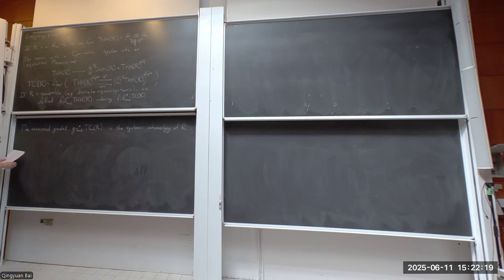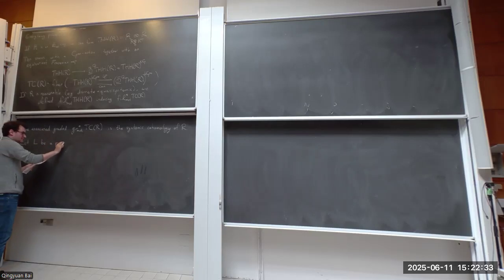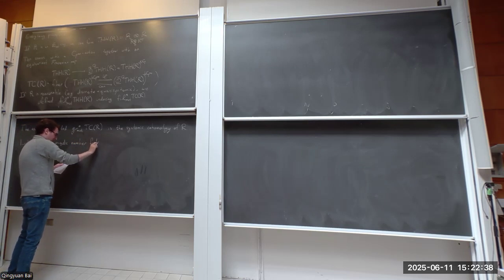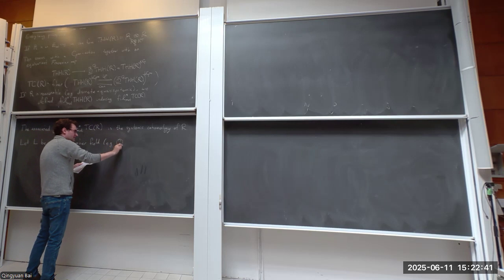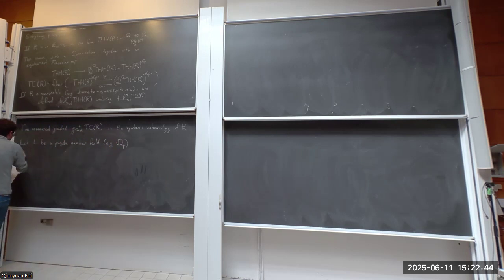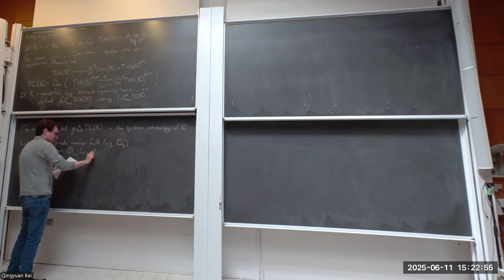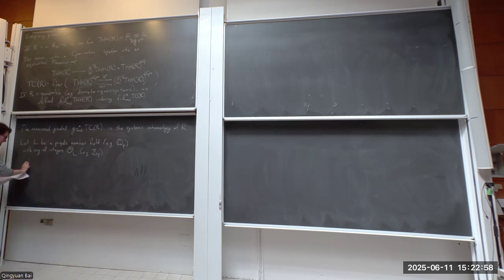All right, and then just to remind you a little bit of the first day, what sort of things can we hope to understand or observe about this syntomic homology? Let L be a p-adic number field, something like Q_p, with ring of integers O_L.